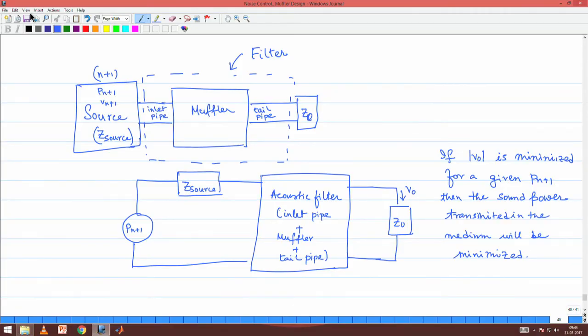So, the V0 that is getting computed, and hence the sound transmitted, whatever computation you do, we should non-dimensionalize that with respect to the sound power which is getting computed in absence of any filter, right. And that ratio will lead us to insertion loss, and that insertion loss is the measure for actually evaluating the muffler in a given situation with a given source, and obviously radiation impedance does not change.